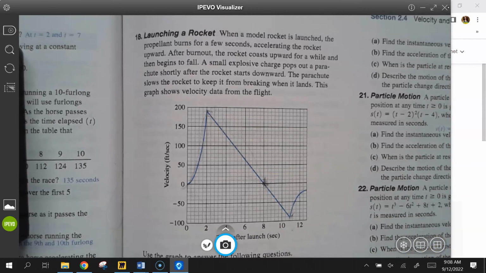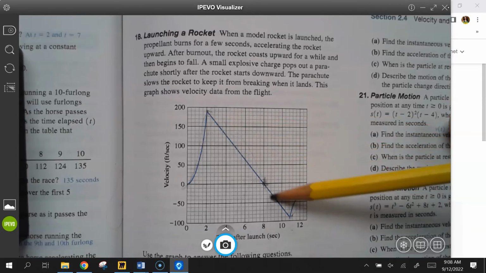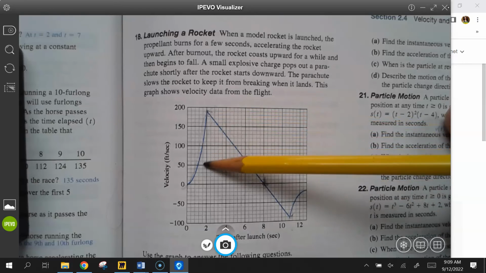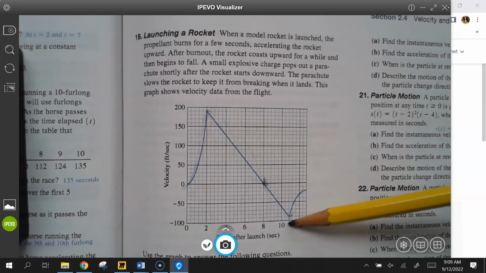When was the acceleration constant, or was it ever constant? After the engine cut off, but before the parachute came out, right? Because the slope from 2 seconds until 11 seconds is constant.